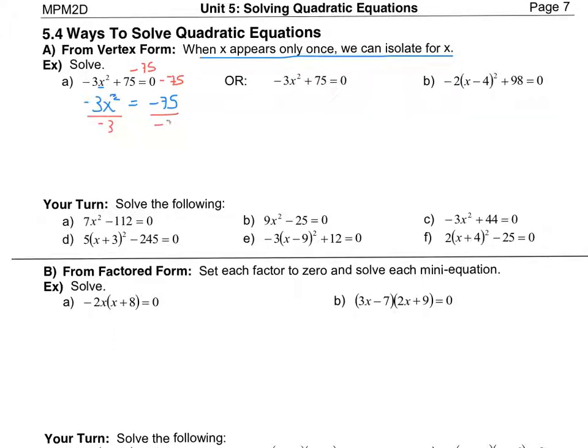Then we get x squared being equal to 25. To get x by itself, we undo the exponent 2 by square rooting both sides. When we square root both sides, we get the plus or minus answer of the square root of 25. So x equals positive 5 or x equals negative 5.